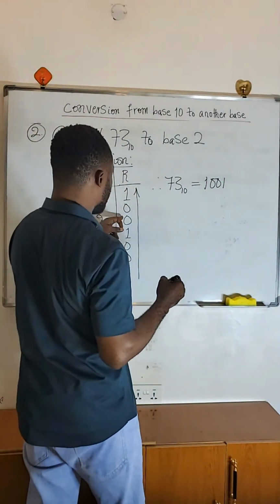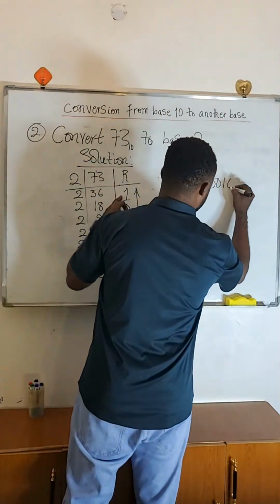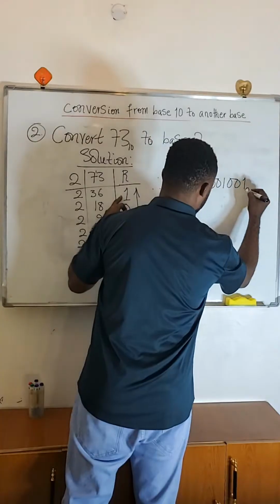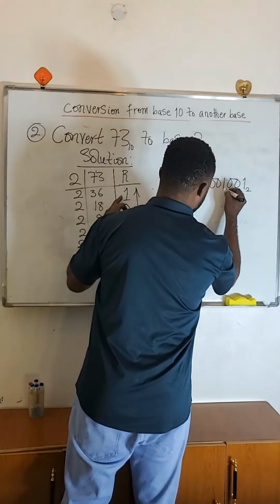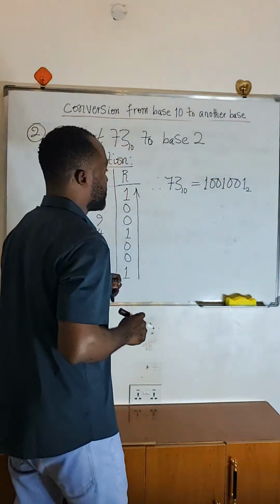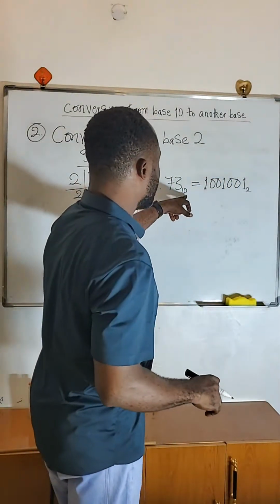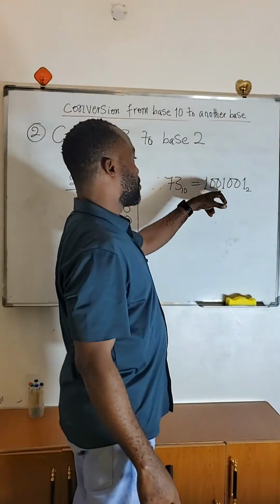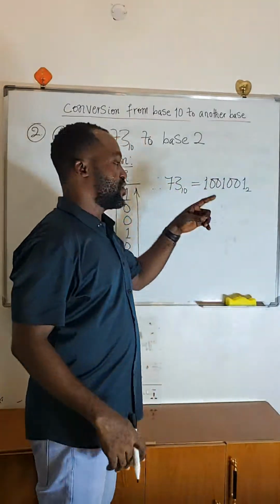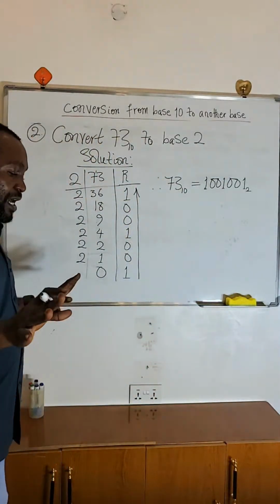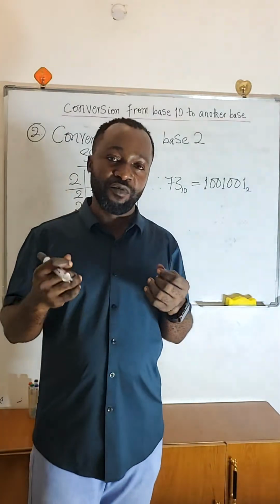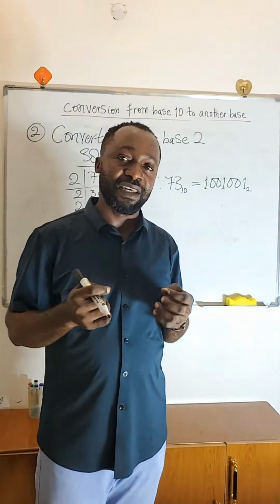The next one is 001. 001 in base 2. Alright. So therefore 73 in base 10 equals 1001001 in base 2.